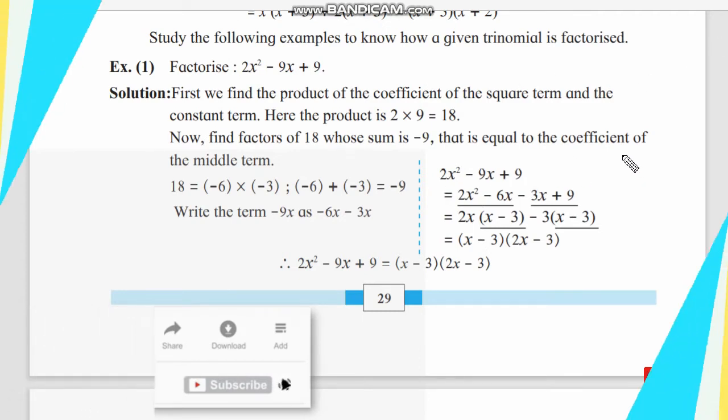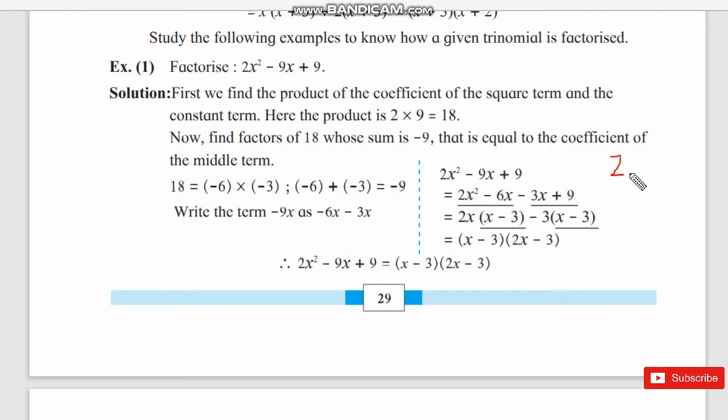Here we are just going to multiply the coefficient of x square and the constant term. What is the coefficient of x square? This is 2, and what is the constant? 9. So we are going to factorize plus 18.